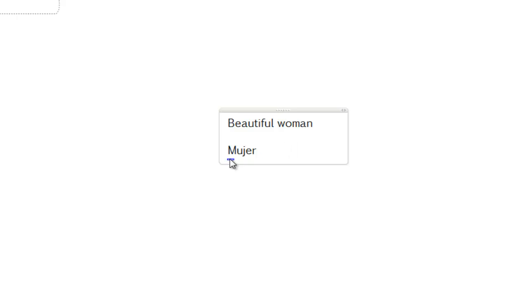But generally the word used, and this is for Spain, I'm kind of sure, is guapa. Okay, so mujer guapa is a beautiful woman. And of course, if you want to put a beautiful woman, una mujer guapa.